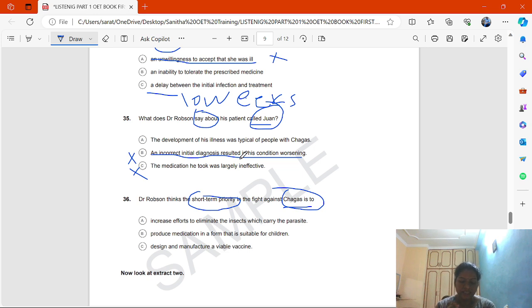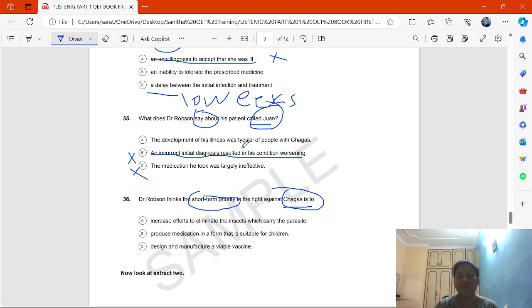A year after the diagnosis, Juan was found to have type 2 diabetes. This was dealt with relatively well, though his body did initially reject insulin. But nothing is discussed about the medication he took being largely ineffective, and the incorrect initial diagnosis is also not mentioned. So we can eliminate these two options and reach the final option.